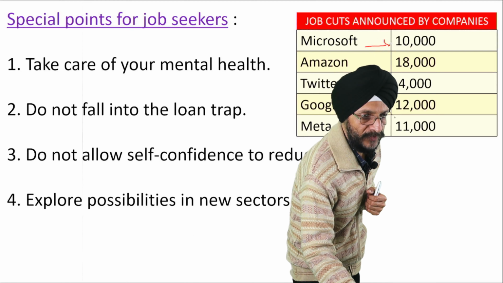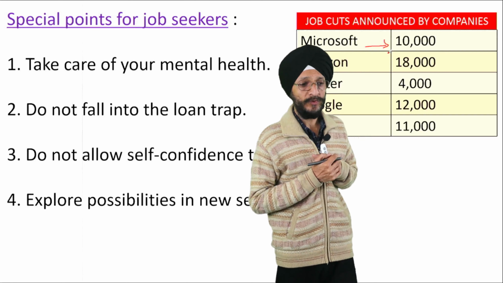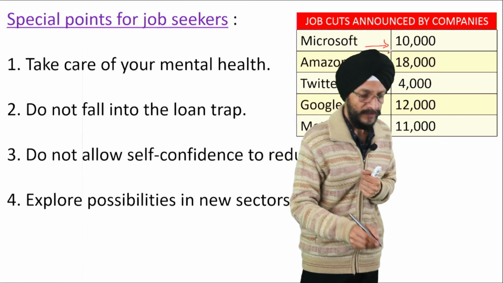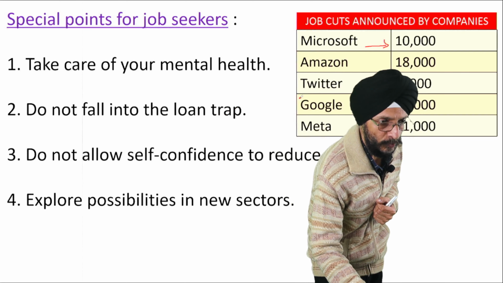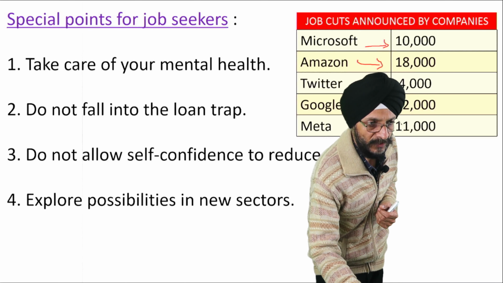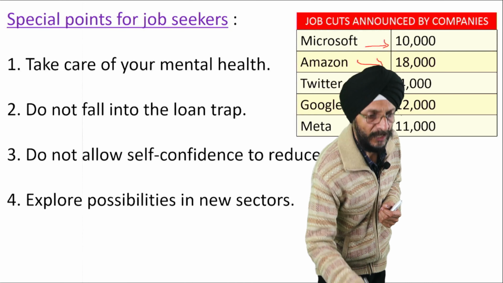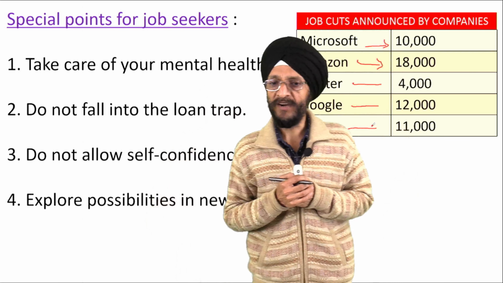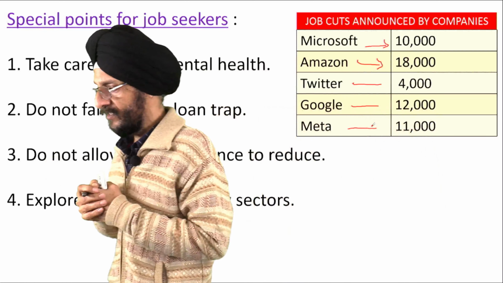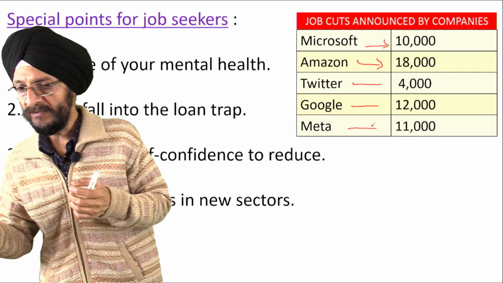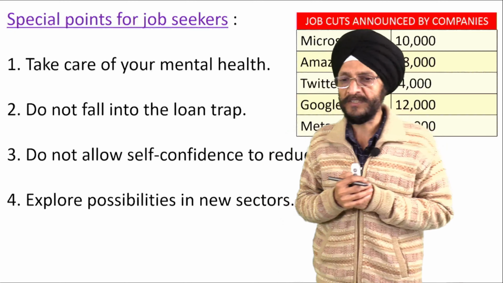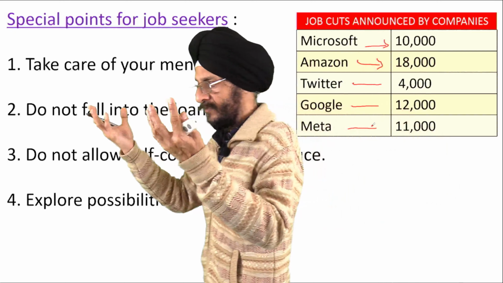Microsoft has announced job cuts to the tune of 10,000 people. Amazon has also joined the race, announcing job cuts to the tune of 18,000 people. Twitter, Google, and Meta are also not behind. They have also announced job cuts for various reasons, so that they may get more profits out of their operations and due to certain their own reasons.